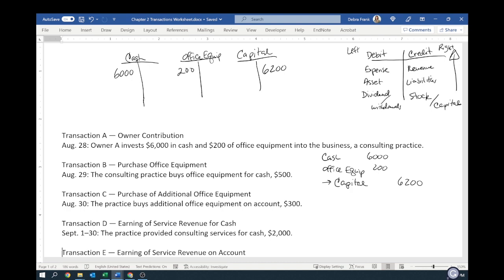So let's do transaction B. So they buy office equipment for cash. So now they got office equipment for $500 worth, but they paid out cash of $500 for that office equipment. So let's start off with cash. Cash, what type of account is it? Well, it is an asset. But this DEAD CRLS tells me what happens when it's increasing.